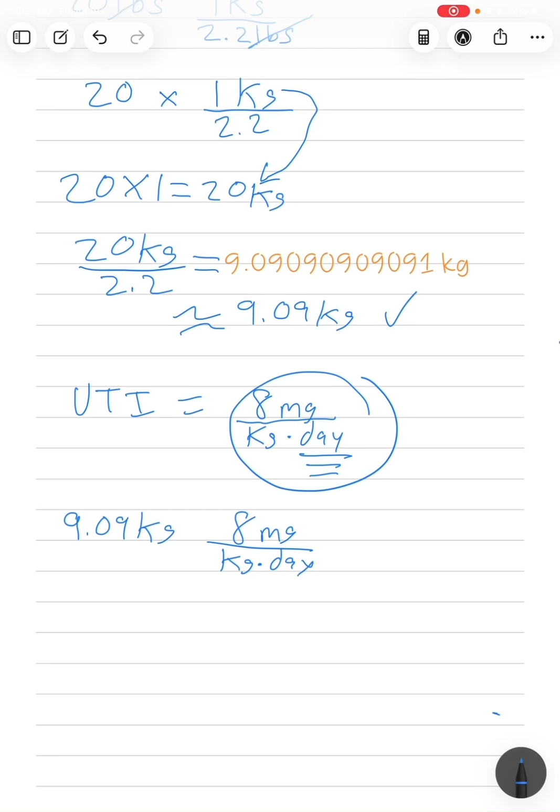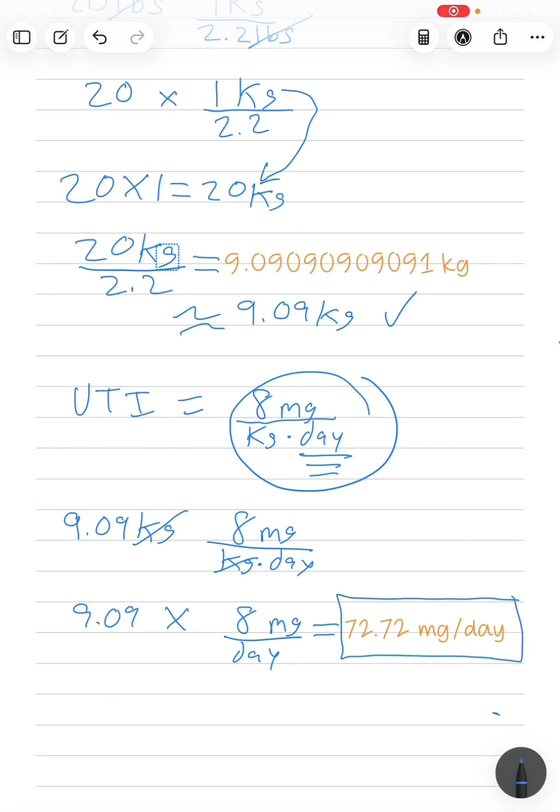And just like we did earlier, we're going to cancel out any units that we can in the numerator and denominator. So kilograms goes away. And now we're left with 9.09 times 8 milligrams per day. Let's calculate this. Beautiful. So we know that this child should get a total of 72.72 milligrams per day. That is total. We don't want to go over that.